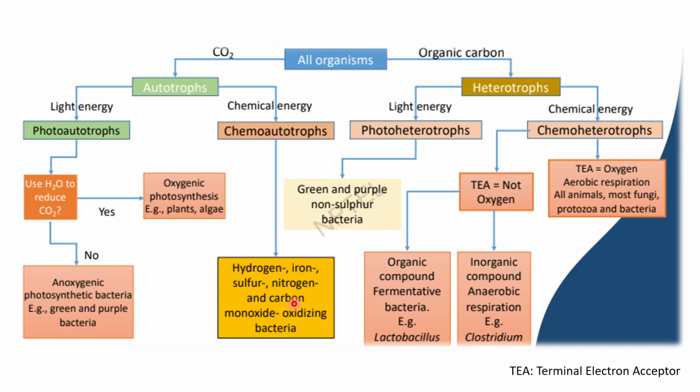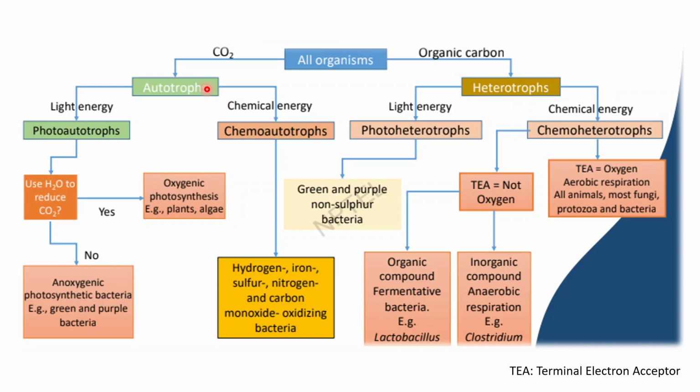This is the diagram that I have shown in a previous session also. All organisms can be divided into two categories based on the carbon source they are feeding on. If they are using CO2 as their primary carbon source, they are autotrophs. If they are using some other organic carbon source, they are heterotrophs. Okay.